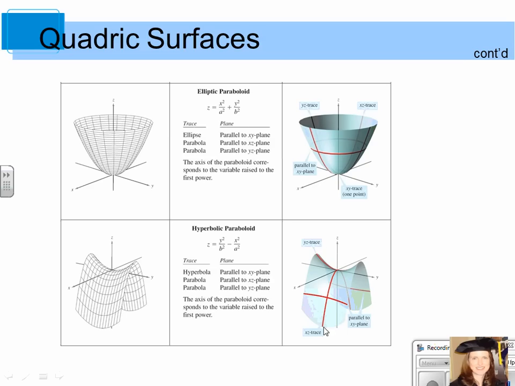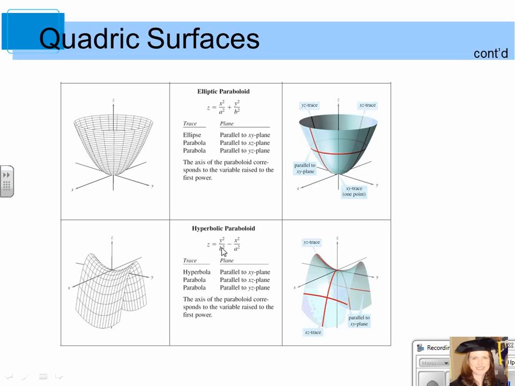Now you can also think of this as a saddle, or at least the point right there is called a saddle point, where if you look at it from one angle, you have a parabola that opens up, and then you look at it from another angle, it's a parabola that opens down.